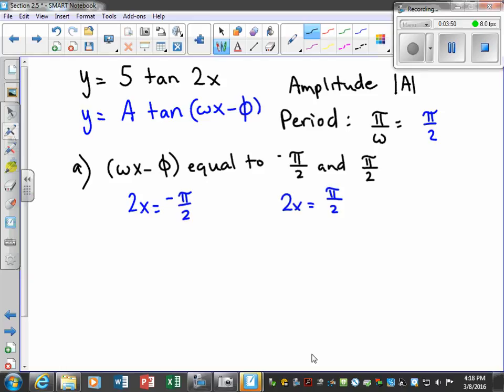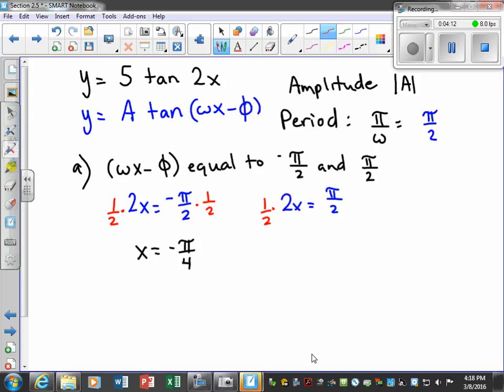So I would just get x is equal to negative pi over 2 divided by 2, which is negative pi over 4. Or you can say multiply by the reciprocal, that's the same thing as dividing by 2, so you can see where that negative pi over 4 comes in. Let's do the same thing over here.